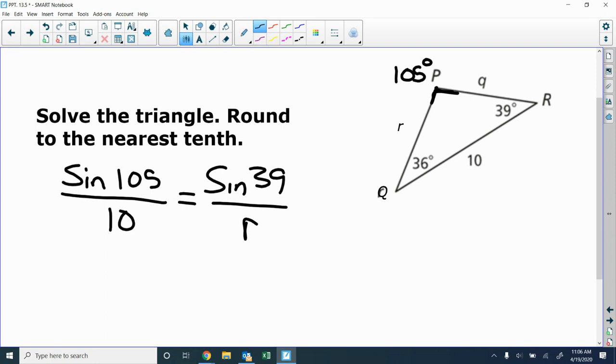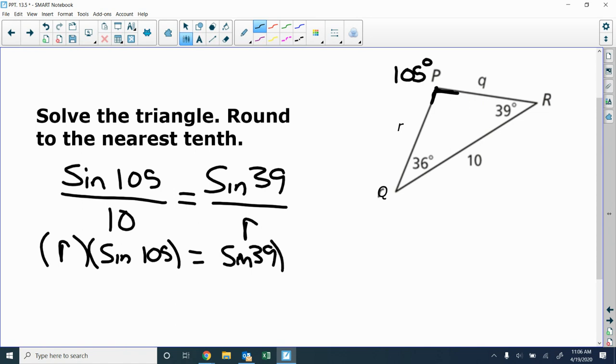So again, we're going to cross multiply. So we're going to have R times the sine of 105 is equal to the sine of 39 times 10. Then we're going to divide by sine of 105.